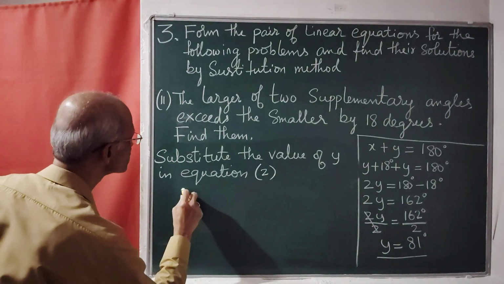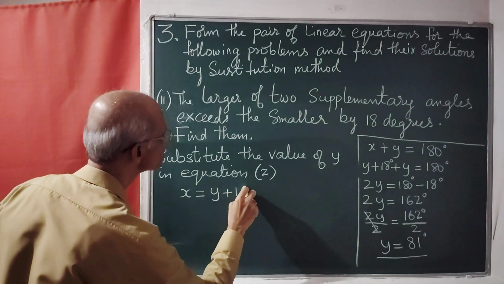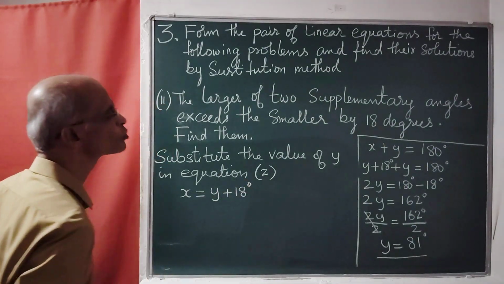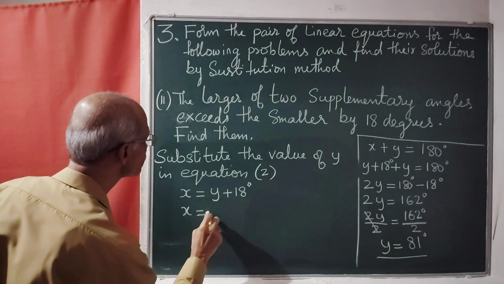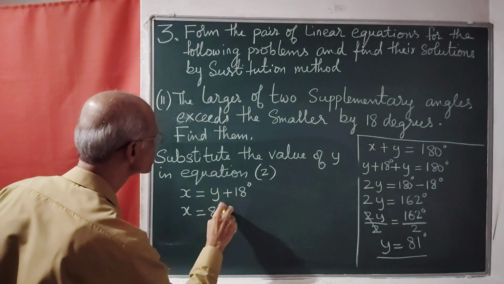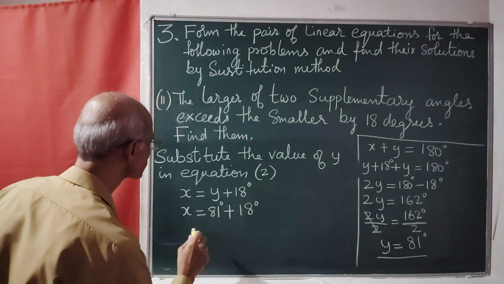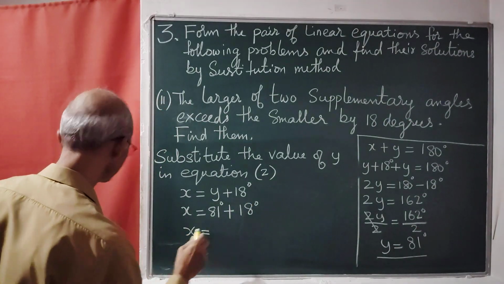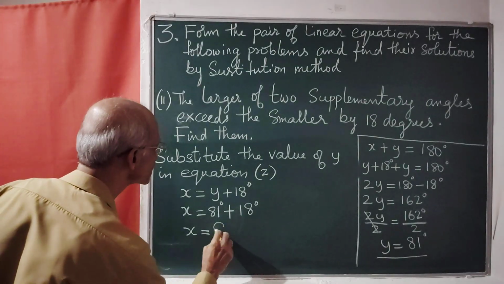The equation 2 is x is equal to y plus 18 degrees. So the value of y is 81 degrees. So x will be equal to 81 degrees plus 18 degrees. So x will be equal to 99 degrees.